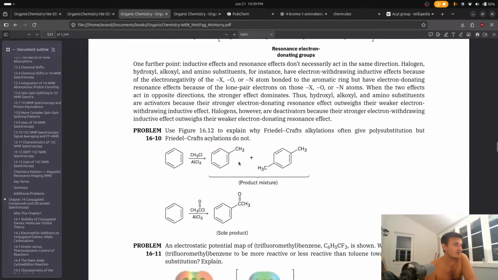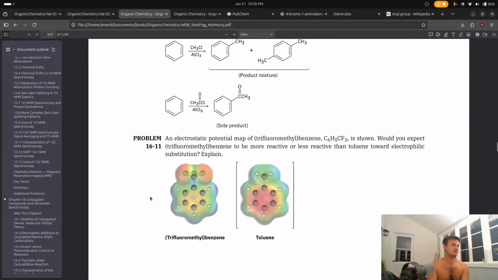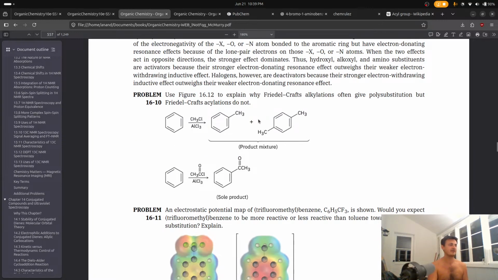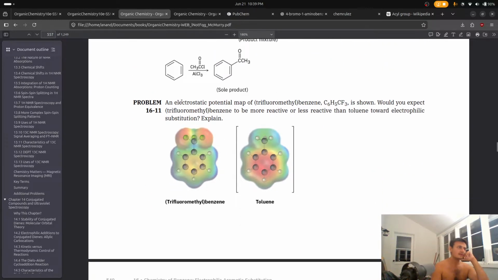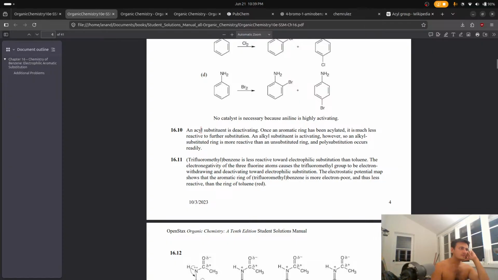But here with alkylation, you're adding an electron donating group, so it should actually be a positive feedback. You should actually have it spam until you get to steric effects. Let me just read the answer.